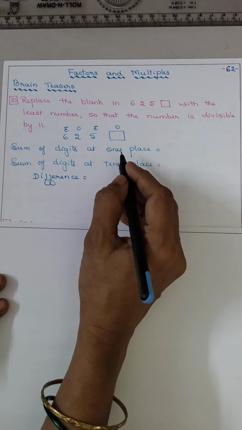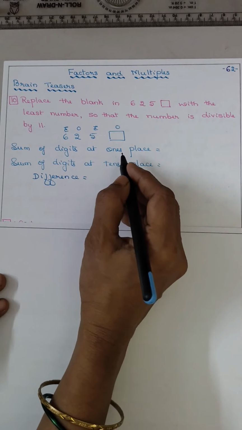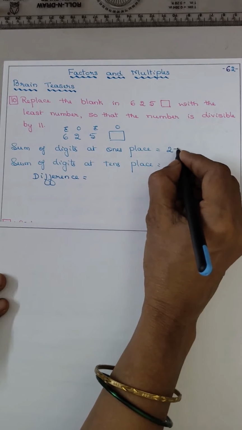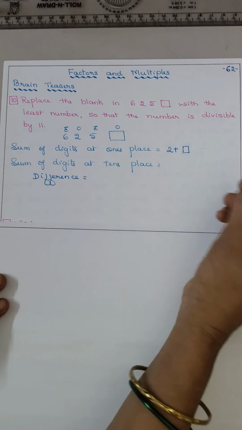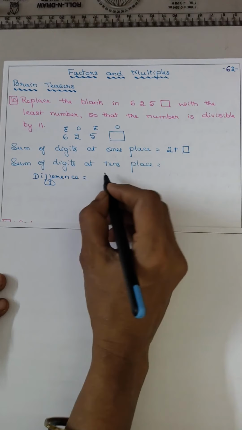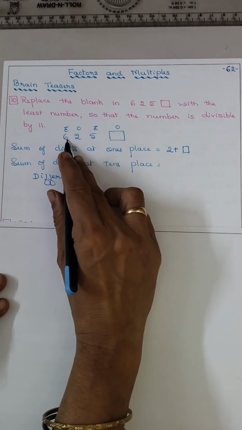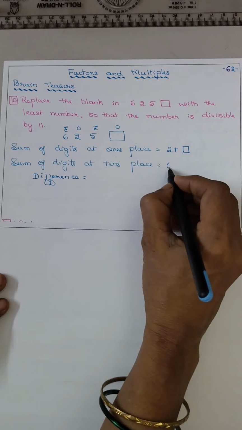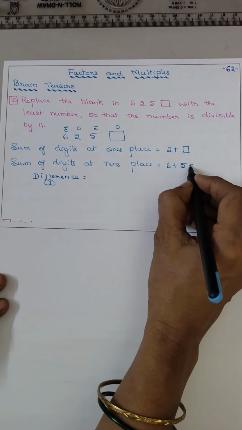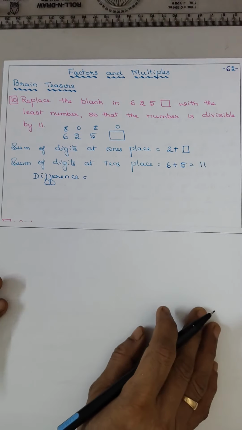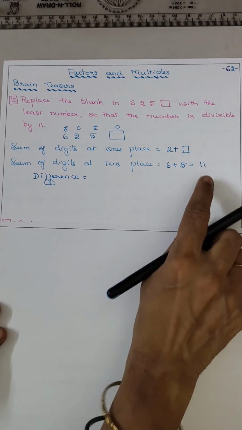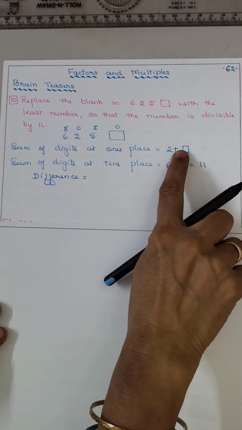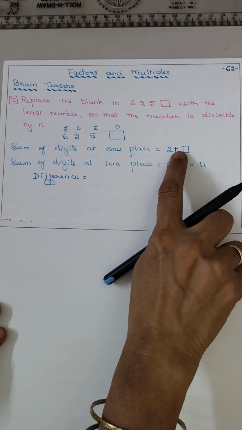Now ones place you don't know, 2 and you don't know box. Now here it is 6 plus 5, it is 11, isn't it? So difference, 11 minus 2, here you don't know.